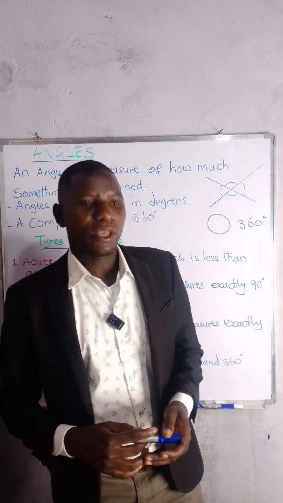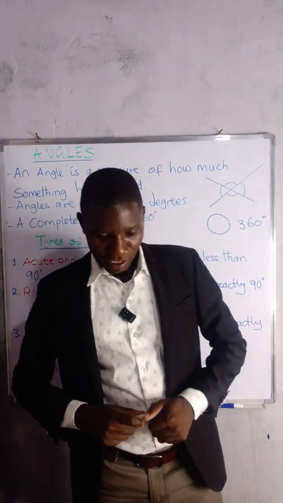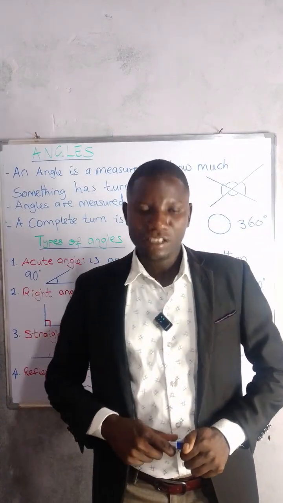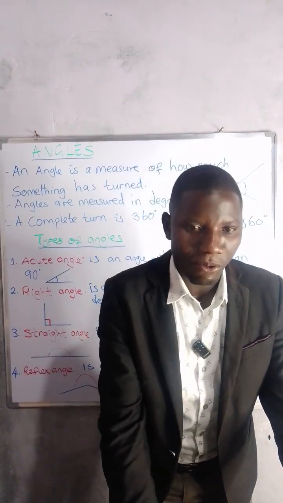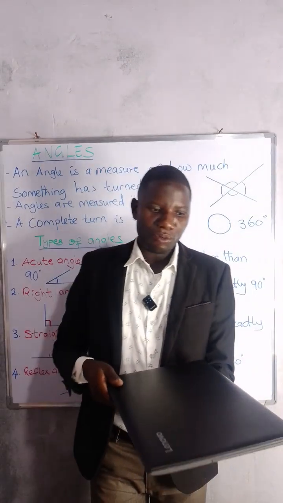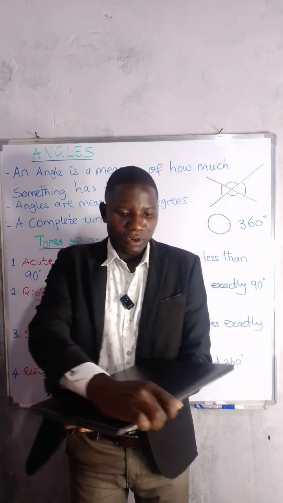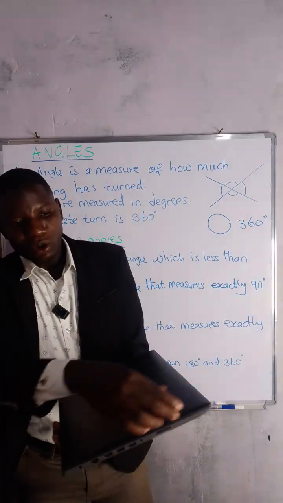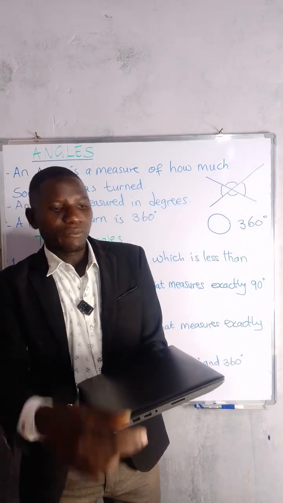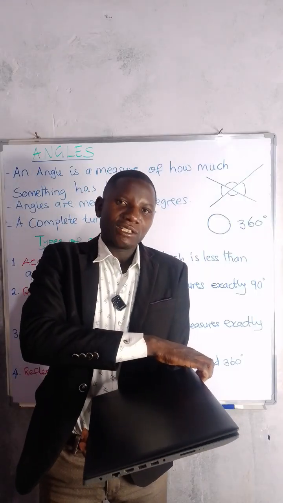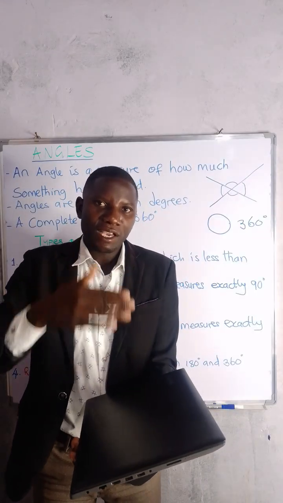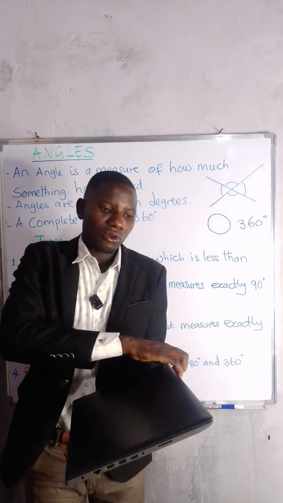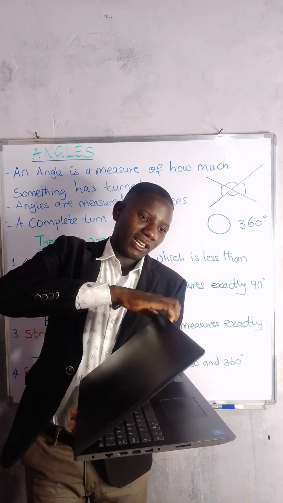I have some objects here which can help us understand angles nicely. Number one, I have a laptop. I'm going to open this laptop and you see that we are forming an angle here. Remember we are saying an angle is a measure of how much something has turned, so I'm turning this.